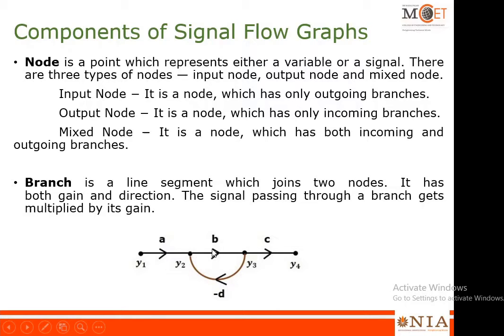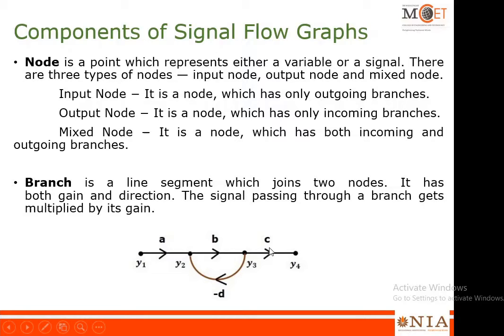The gain of this branch is b and the gain of this branch is minus d. So the path gain of this loop is, I repeat, minus b into d, minus of b into d. So the path gain of this forward path will be, for example, if this is a forward path, a into b into c.